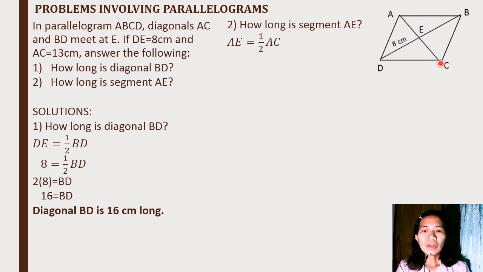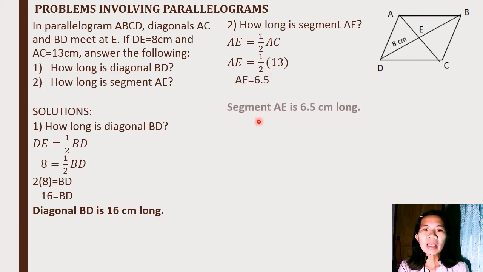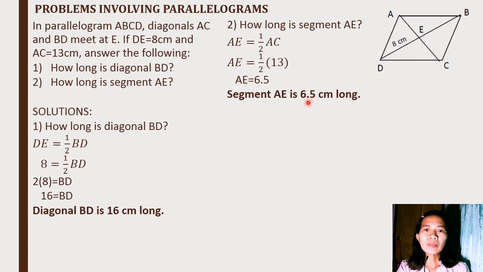If segment AC is 13 centimeters, we have to get the 1/2 of it. So 13 divided by 2. So we have segment AE is 6.5 centimeters long. So this is our answer.